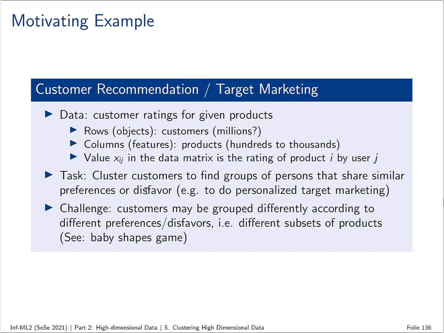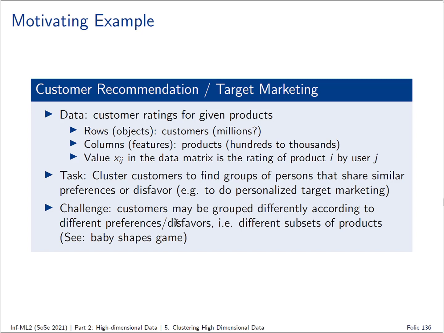And once again, that somehow reminds you probably of this data set we had for SVD, and SVD was quite good in that actually already. So SVD is a kind of embedded method somehow there, but the challenge now here is, and that should remind you of the baby shape game, that now customers may be grouped differently according to different preferences or different disfavors, so according to different products actually.